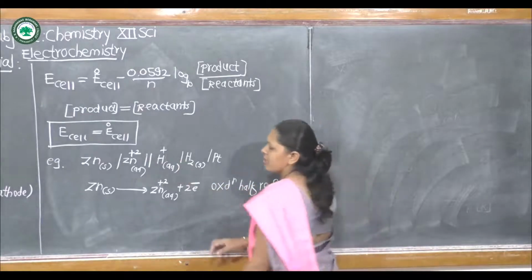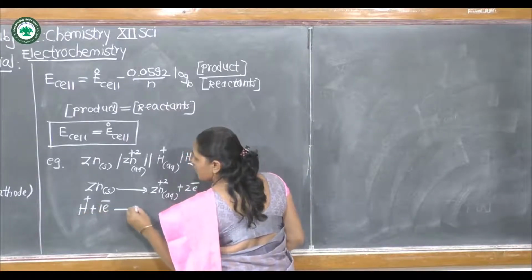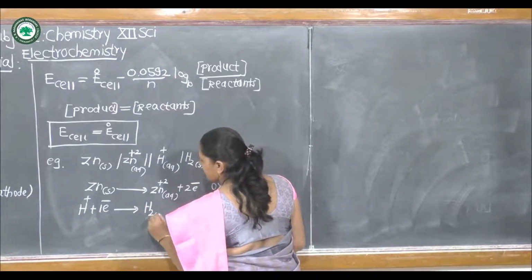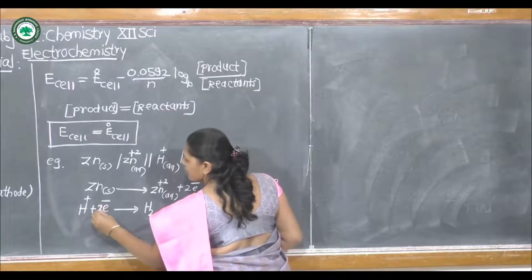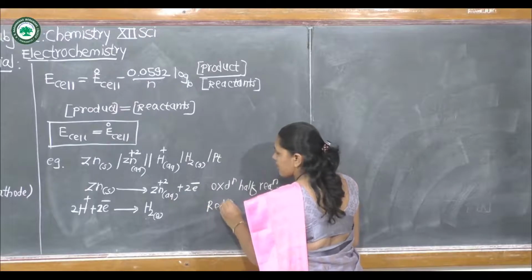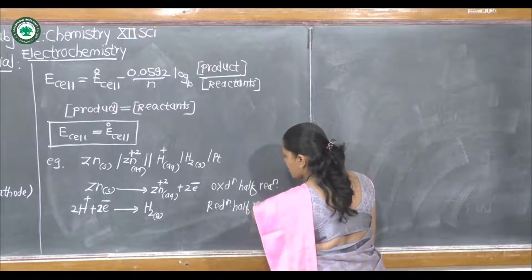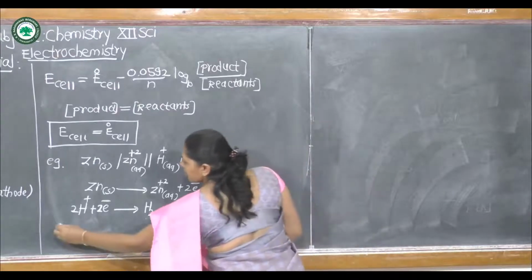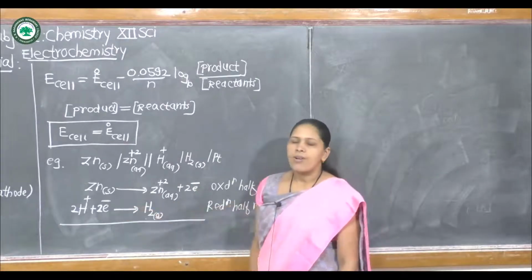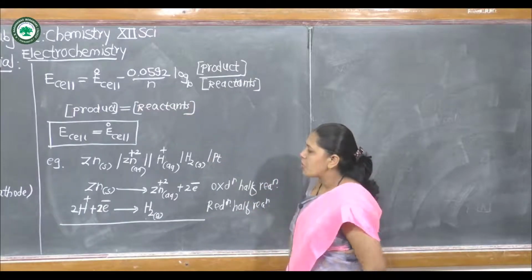Second one is H plus accepts 1 electron to form hydrogen gas. This is the reduction half reaction. In both equations, the number of electrons involved is 2, therefore the value of N is equal to 2.